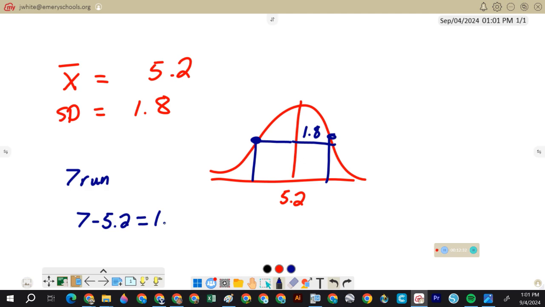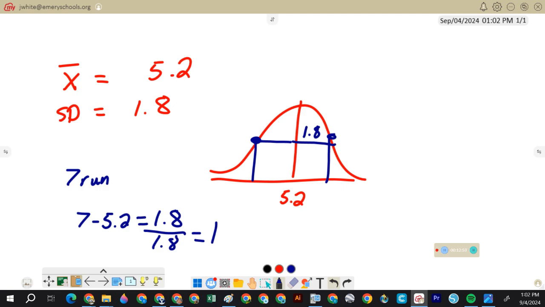Oh, wow. What are the chances? I didn't mean to do that. And we divide that by 1.8, and I get 1. What does a z-score of 1 mean? 1 standard deviation above average. Is that unusual? No. That's a pretty normal game, right? In fact, 68% of all games should be within 1 and -1 SD.